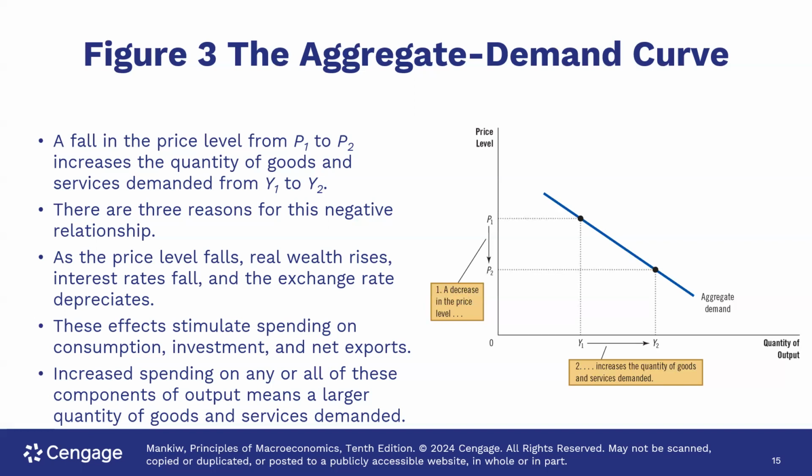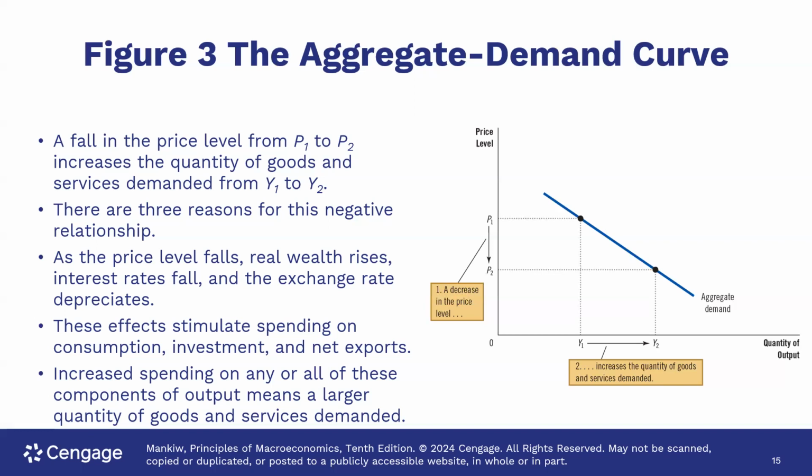So why is that the case? The real wealth is the nominal wealth divided by the price level. So when the price level goes down, your real wealth goes up. In other words, the purchasing power of your wealth becomes higher. And then when the price level falls, the interest rate will fall accordingly, because the lender will require a lower level of the interest rate if they just want to secure a real interest rate.